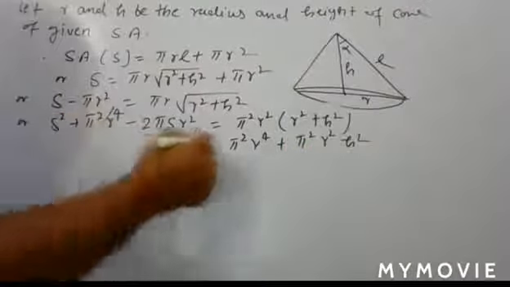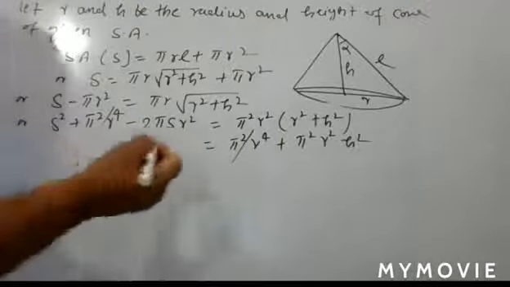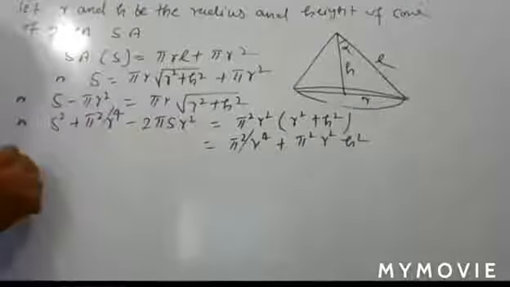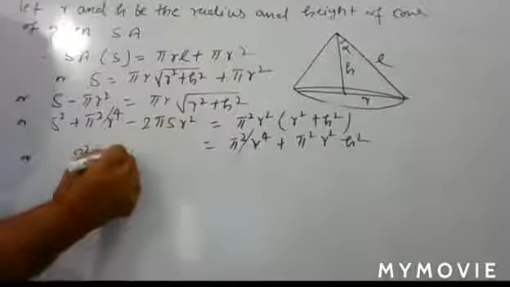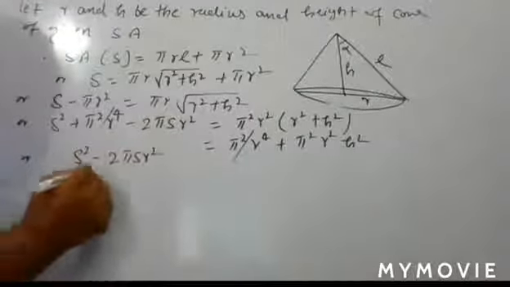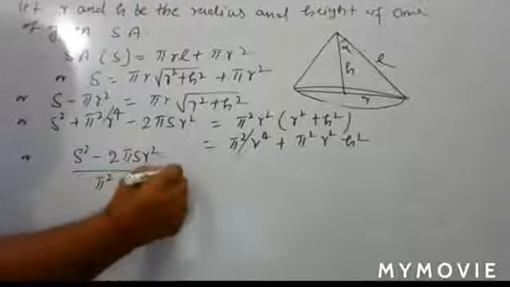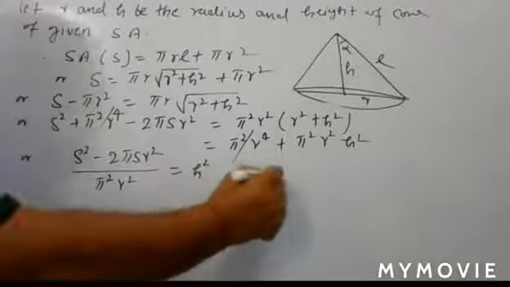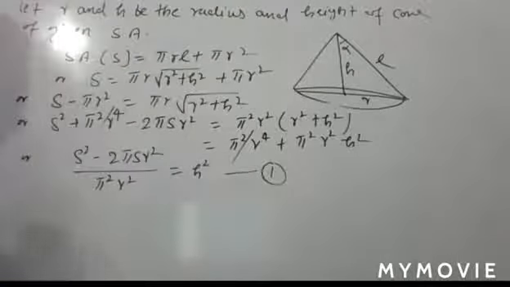So that cancels out. So you have S square minus 2 pi S R square divided by pi square R square is equal to H square. That is your first equation.